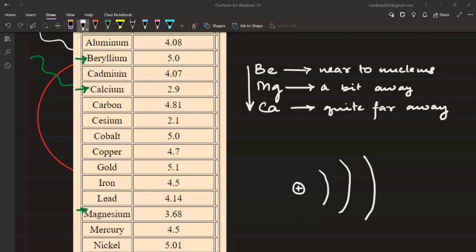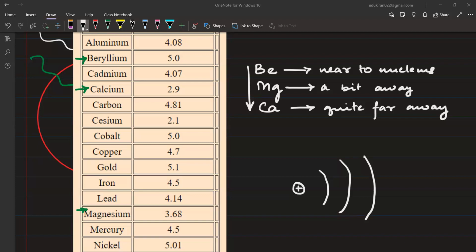And that is the reason, and this is the initial phase of Bohr's model. So Bohr said, okay, fine. That means electrons are away from the nucleus at a particular distance, and that distance is going to be distinct for each and every element.